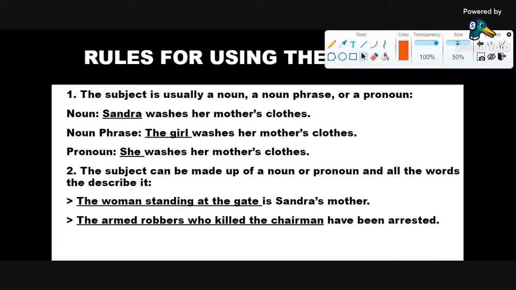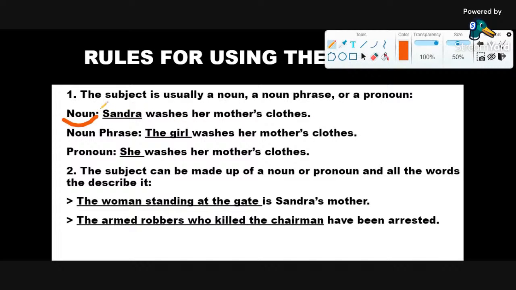The subject is usually a noun. Take note of that. The subject is usually a noun, a noun phrase, or a pronoun. Now look at when we use it as a noun. So let's look at the examples here. When we use it as a noun here, Sandra washes her mother's clothes.